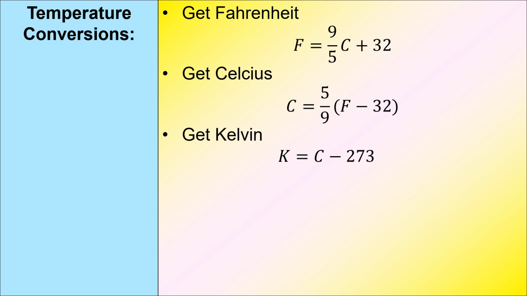So if we wanted to add a formula here, we could say Celsius is also Kelvin plus 273. So we'd also have that one in the mix. Now, we do have these on our formula sheet, but now's a good time to get them in your notes so they're handy for the examples that we're about to do.